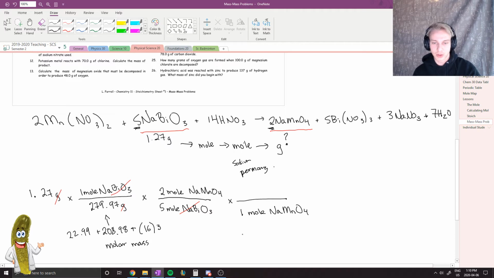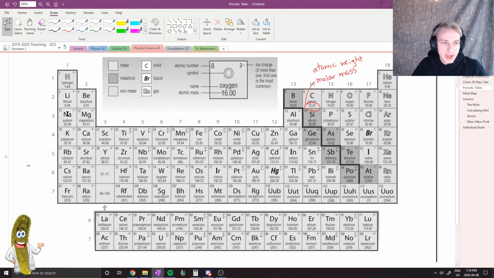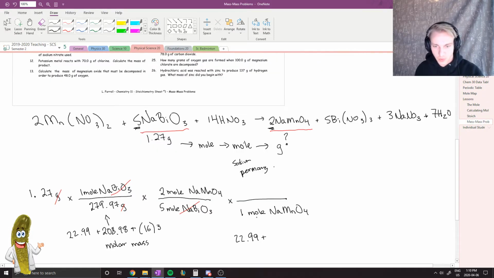So I know sodium was 22.99. I would go to my periodic table and find manganese, which is somewhere in the middle, right here, 54.94. And there's only 1 of those. And then I also need to add in 4 times the molar mass of oxygen.